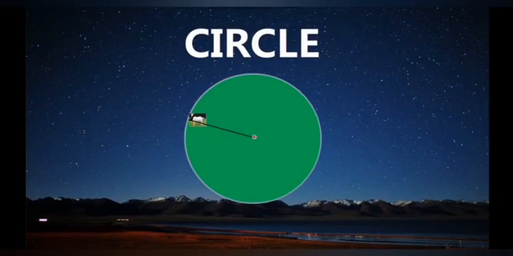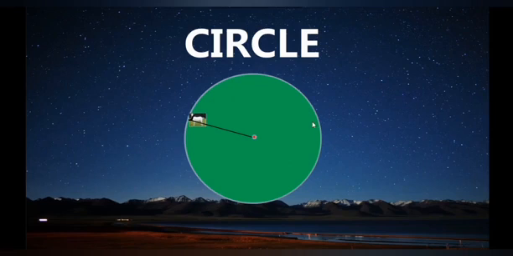If we tie a goat to this point and you allow the goat to graze freely, the movement of the goat is restricted by the length of the rope with which it is tied. Hence, it cannot graze beyond this green region, and that region is what is called a circle.